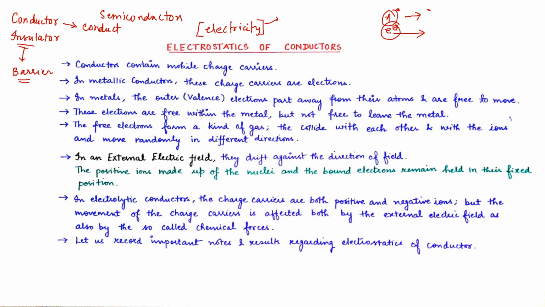Now the third class is semiconductor. What is a semiconductor? Something which has the ability to conduct, but partially. Semiconductors can conduct electricity as well as heat, but only partly.